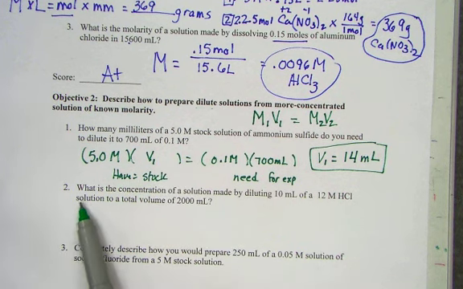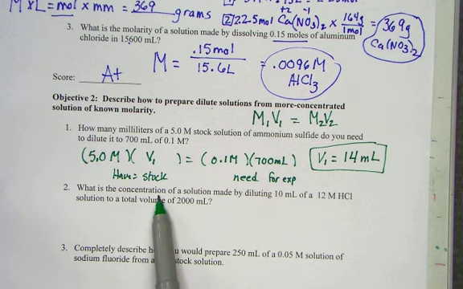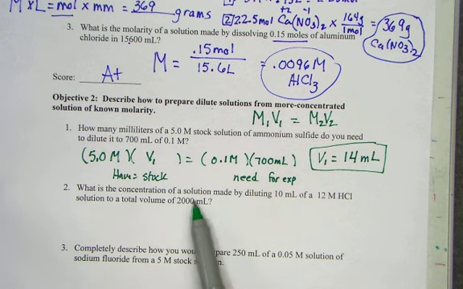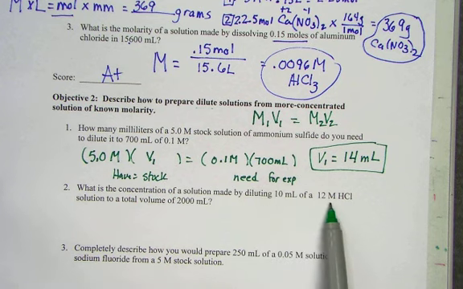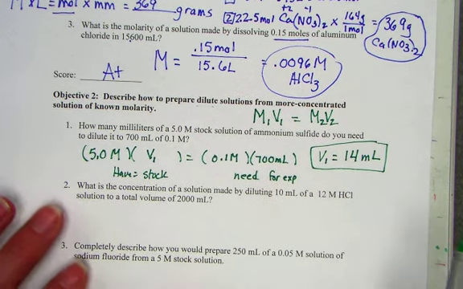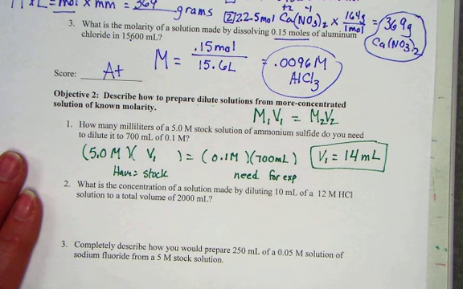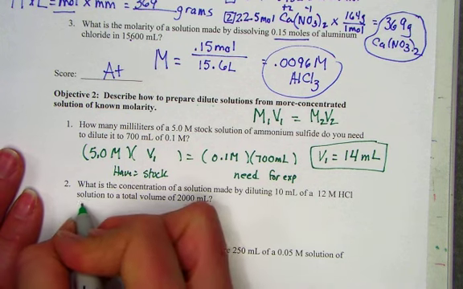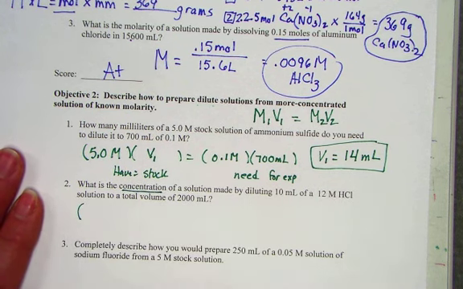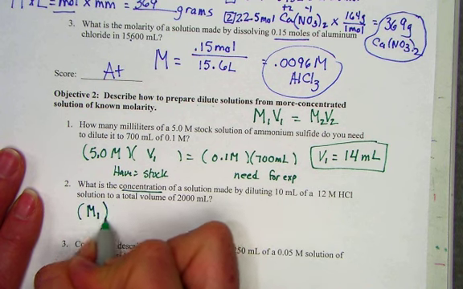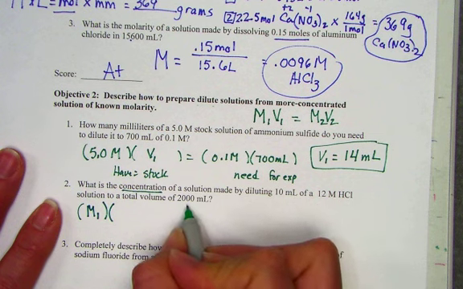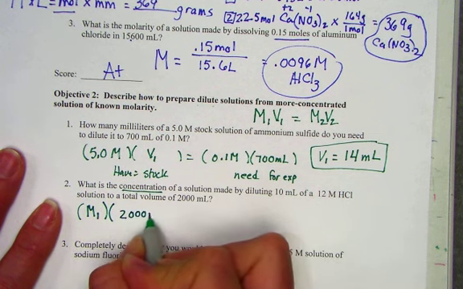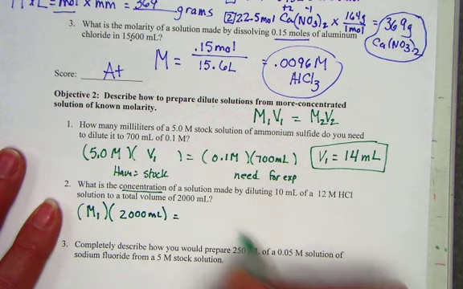In the second question, we're being asked to solve for a concentration. What is the concentration of a solution made by diluting 10 mL of a 12 molar HCl to a total volume of 2,000 milliliters? This time, the concentration is the target unit. I'll call that M2. The volume we need to end up with is 2,000 milliliters, so the 2,000 is the target volume.